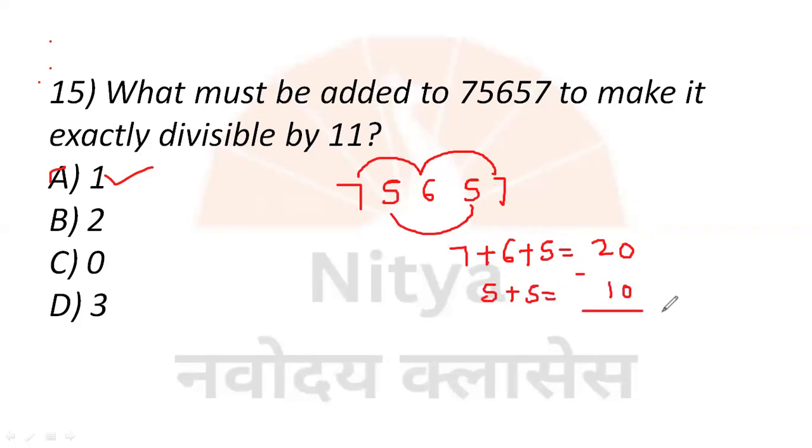So you have to subtract them, and you get 10. So what number must be added to this 10 so the number is divisible by 11? When we add 1 to this, it becomes 11, no? So 11 is divisible by 11. 11 ones are 11. So that is the 1. So option A is the answer. You can follow whichever you want. There are two methods to find this answer.